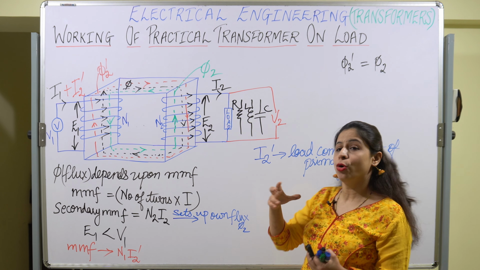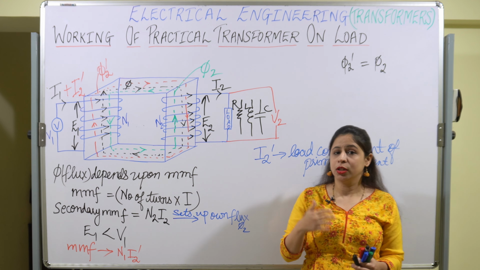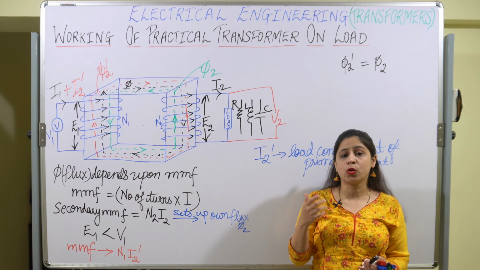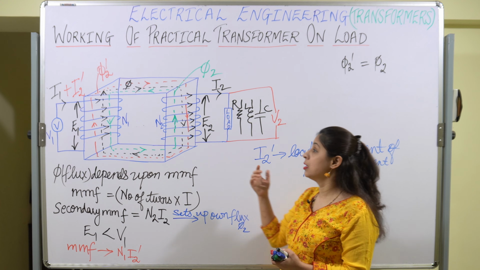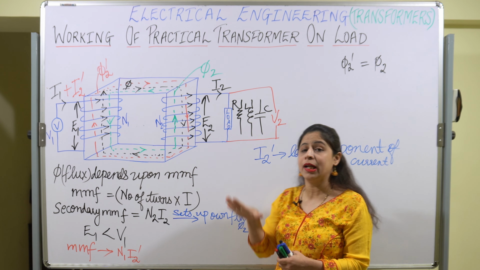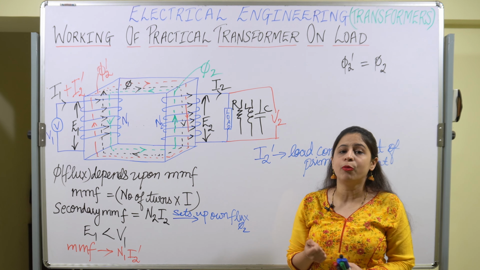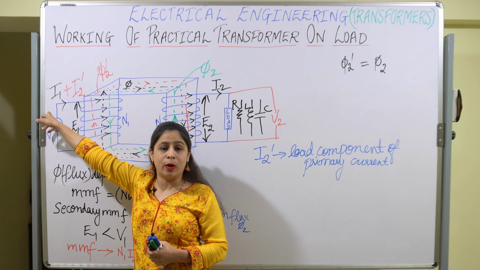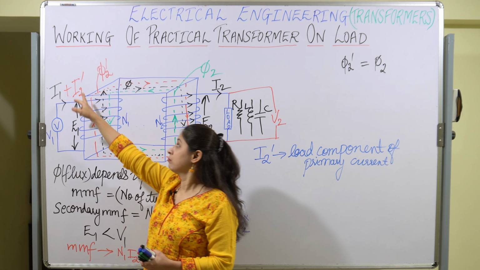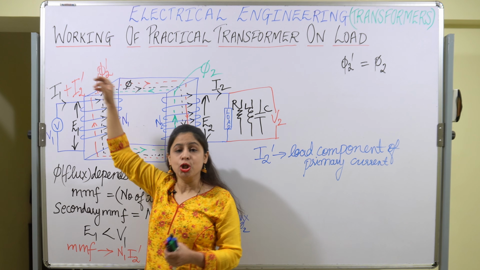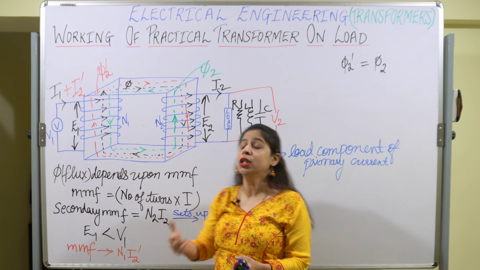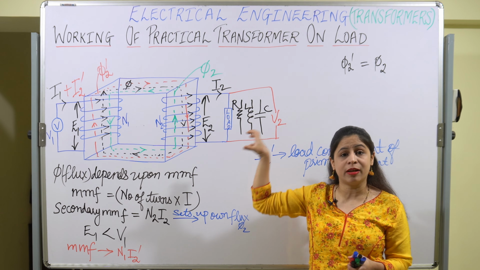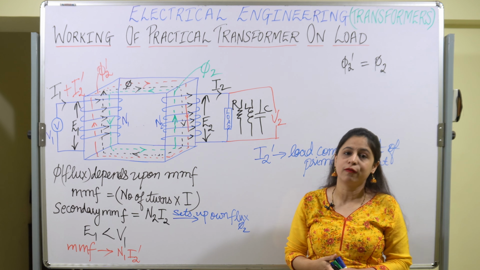Like the no load current had two components, the working component, the core loss component, and the other component, the magnetizing component. In a similar manner, here the primary current has two components: the main component I1, and another component I2 dash, which helps in neutralizing the flux generated by the secondary side, which was weakening the main core flux.